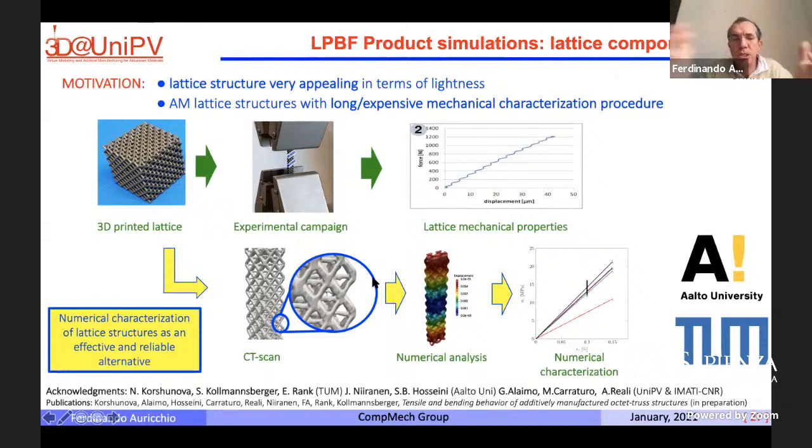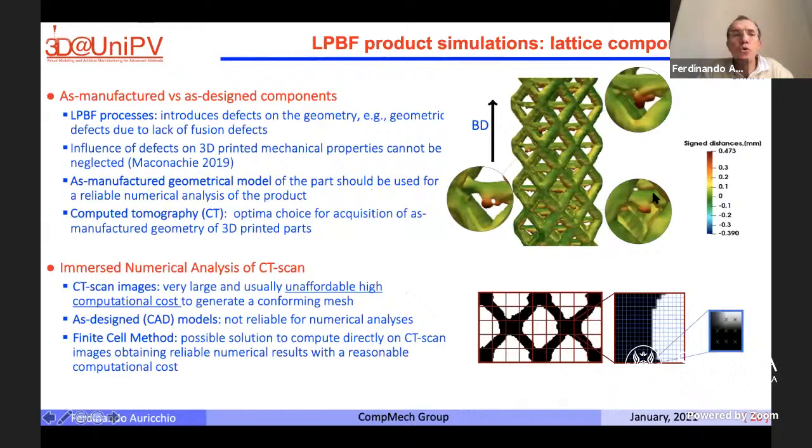What we realized, which is something known in the literature, is that if you design a structure like this with your CAD and simulate a geometrically perfect structure, you get some type of response. Once you construct your component and do the experimental test, you get a very different response. Here you can see the prediction with the perfect geometry, and that's the behavior that we really get experimentally. And once you start to look at things, the issue is very clear.